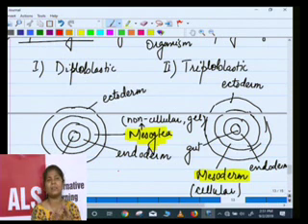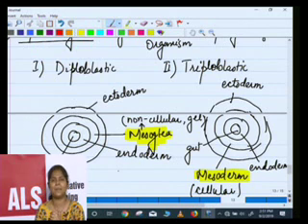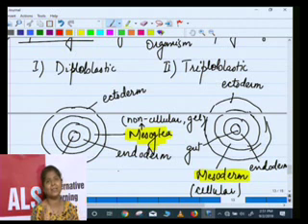We need more evolution. Platyhelminthes need more evolution compared to the previous phylum, Ctenophora. So Platyhelminthes start to form a new layer, the mesoderm, and the mesoderm gives them the appearance of an alimentary canal. The alimentary canal has started.